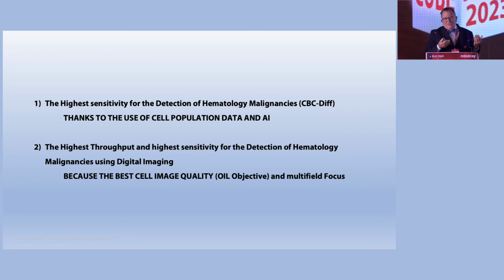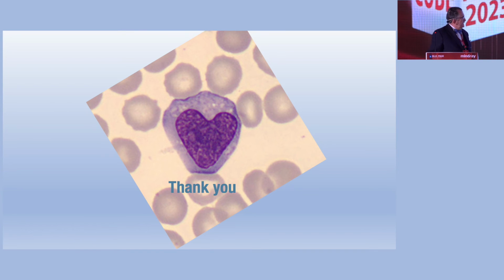For the moment, we cannot dispose of these parameters, but MindRay is trying to get also the highest sensitivity in digital imaging. This is a lymphocyte from a teenage lady that was having her first relationship, and of course, she got, in this case, an Epstein-Barr virus, and this is an infectious mononucleosis, really, from digital imaging.